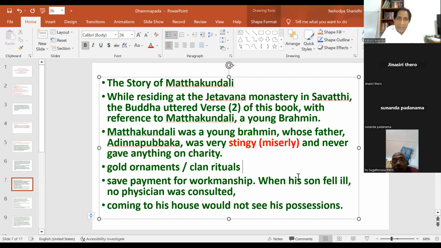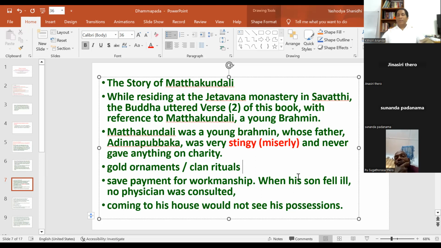And when his son fell ill, he didn't want to get a physician or doctor to consult for his only son who was ill.